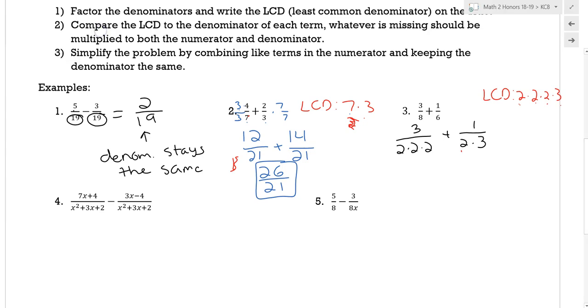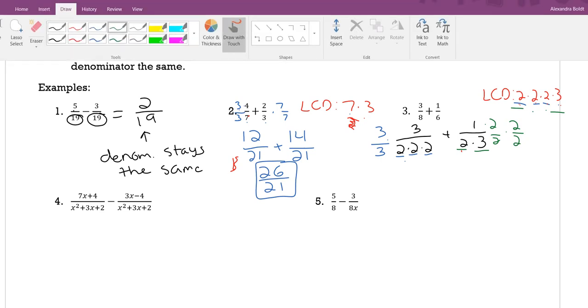Now, when we compare, this one's just missing a 3. 2, 3. This one's missing both of these 2's. So we're just kind of lining everything up.